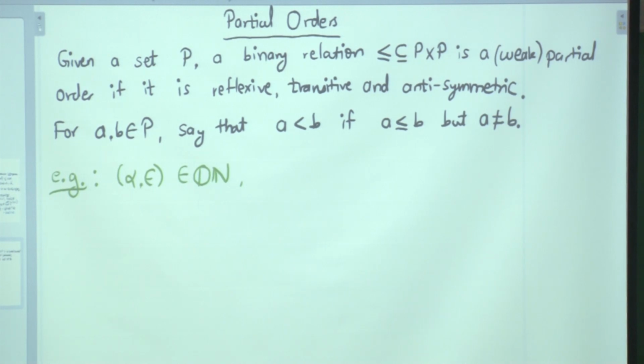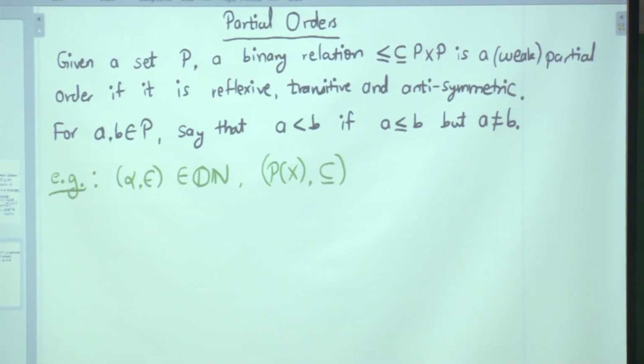Then any other examples? Order relations are present everywhere. Subset? Okay, so consider the power set of X with respect to the subset relation. A is a subset of B. That is a partial order because A is a subset of A, so it is reflexive.